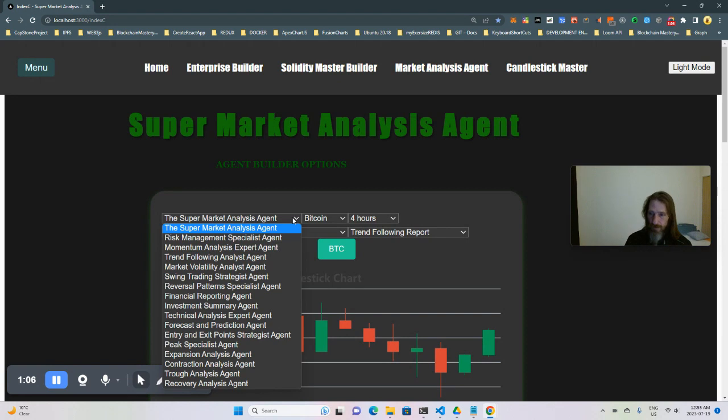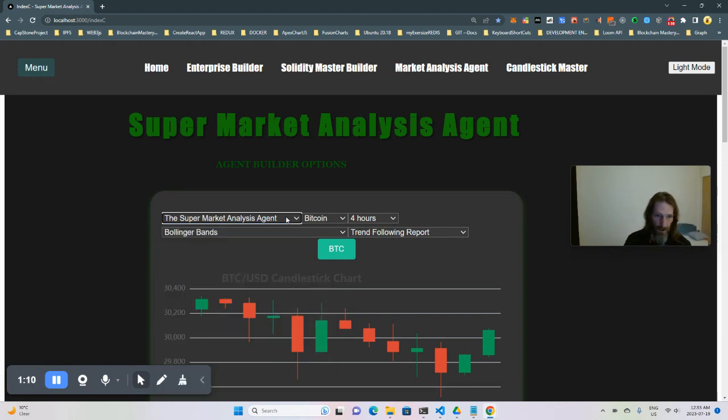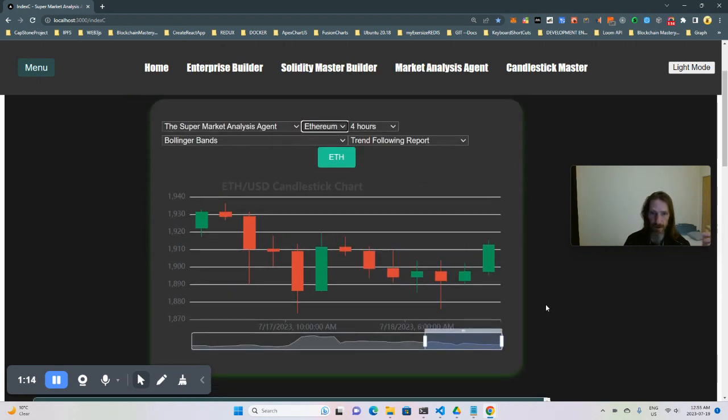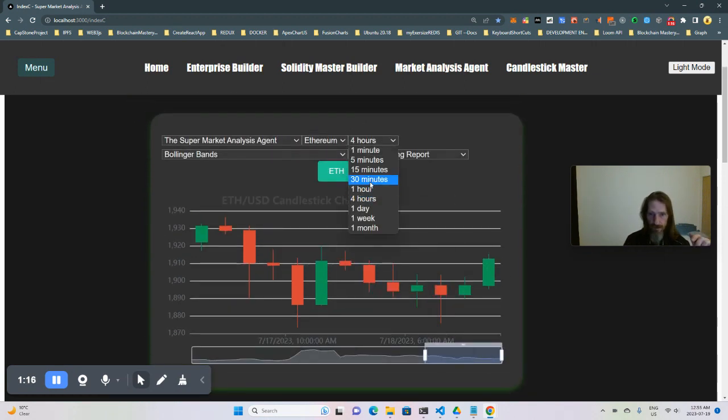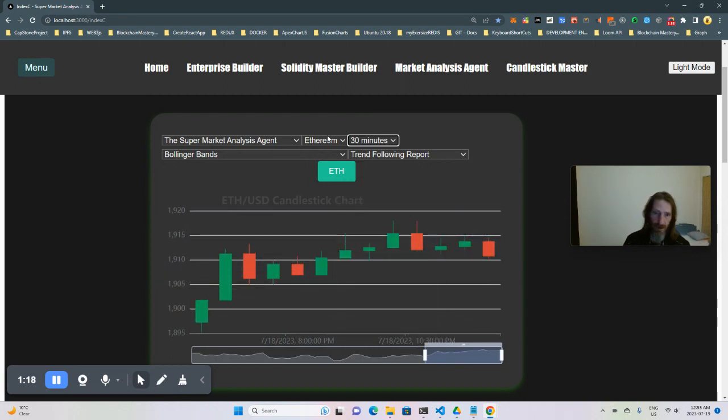I added a few things. I could choose a few things, like Ethereum on 4 hours, 30 minutes, and these are just a kind of portfolio style. I could add more.